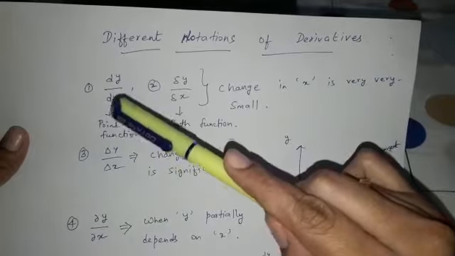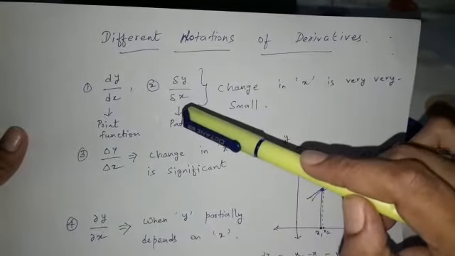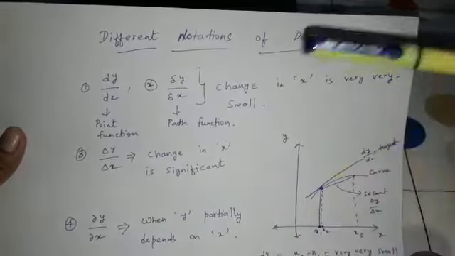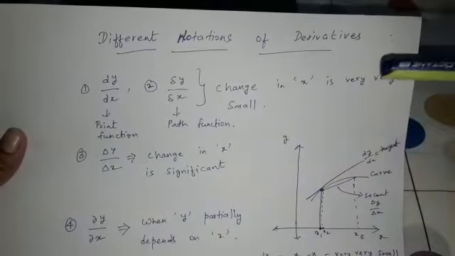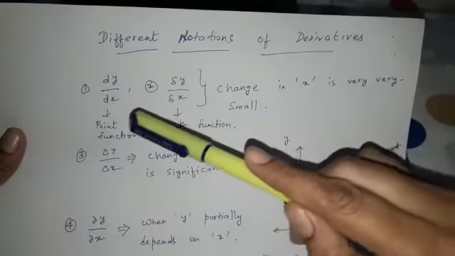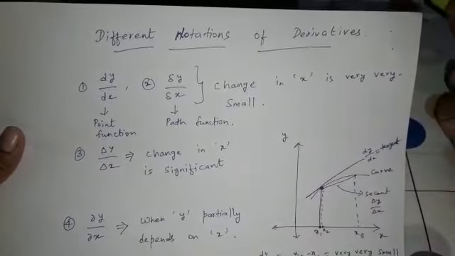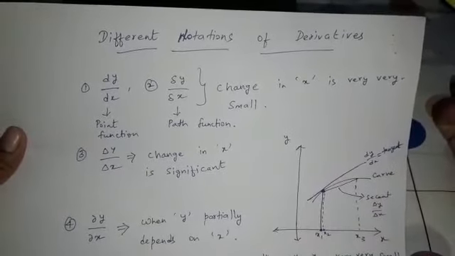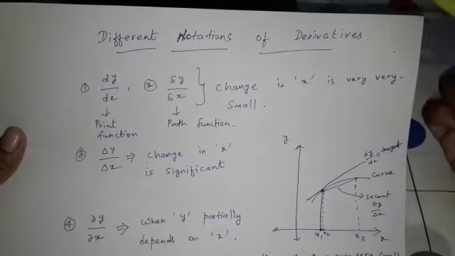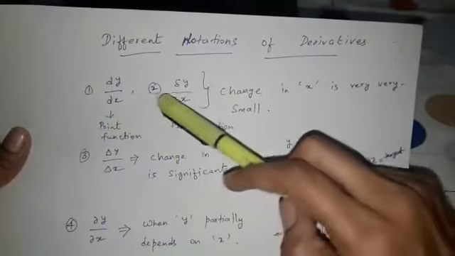We use dy over dx or del y over del x when the change in x is very small, like 0.1 or 0.01 or 0.001. We use these two types of notations in that case.